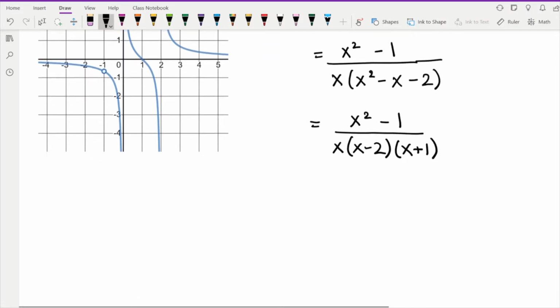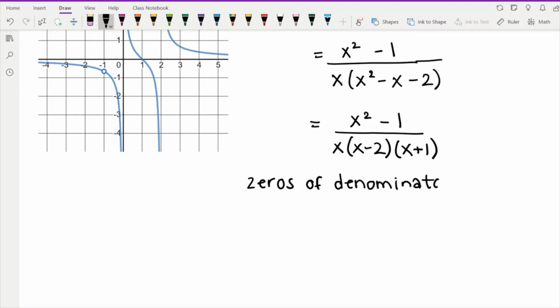That would tell us that the values that make the denominator 0 would be x is equal to 0, which comes from this first factor, x is equal to 2, which comes from the second factor, and x is equal to -1. Those are the values where our function is undefined.